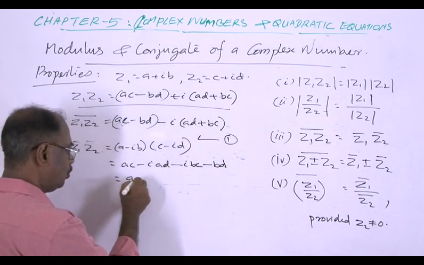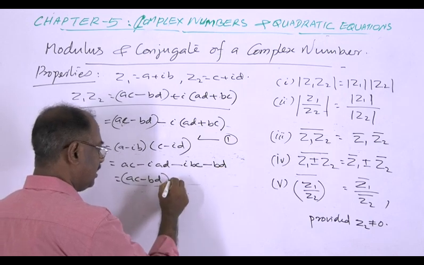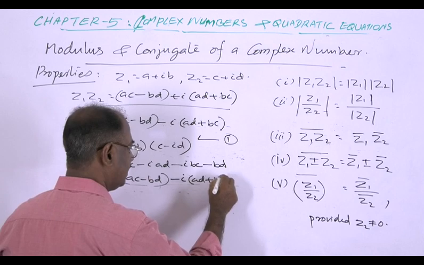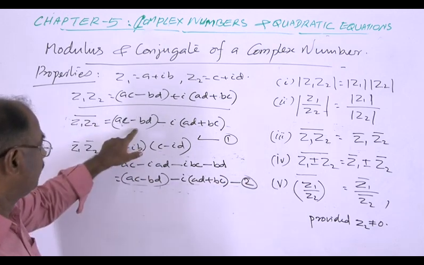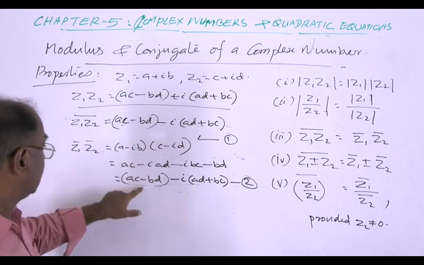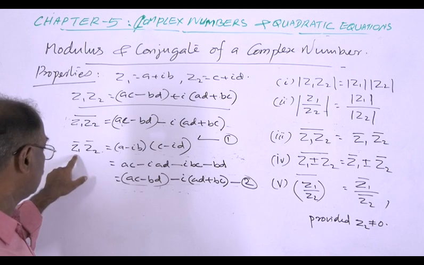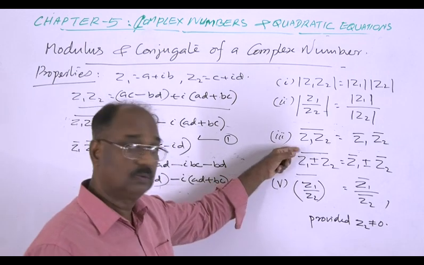So this is equal to AC minus BD, first and last, minus I into AD plus BC. So relation 2. From 1 and 2, we see that the conjugate of Z1 Z2 is equal to Z1 conjugate into Z2 conjugate. So this result is true.